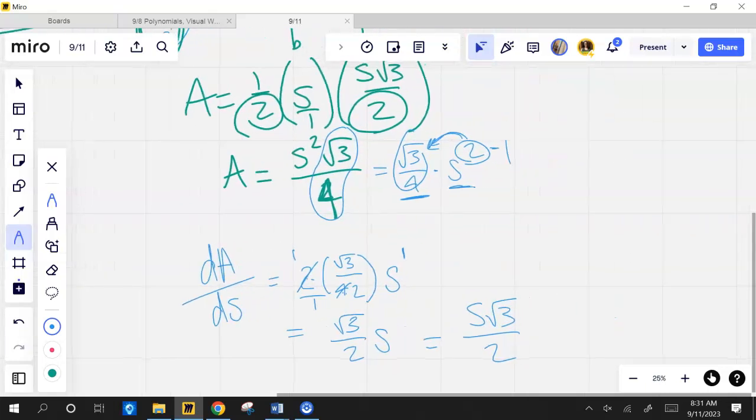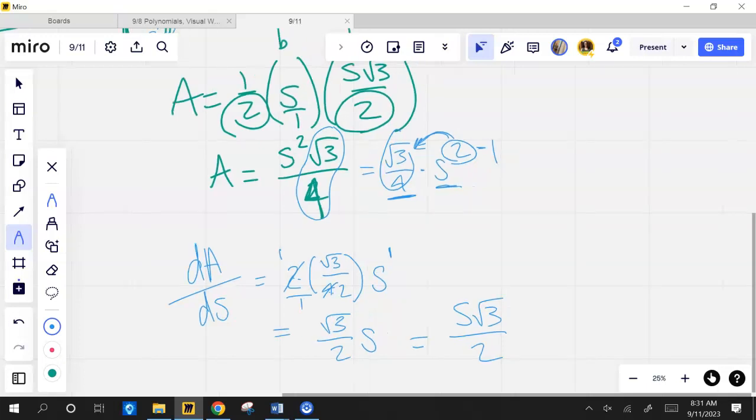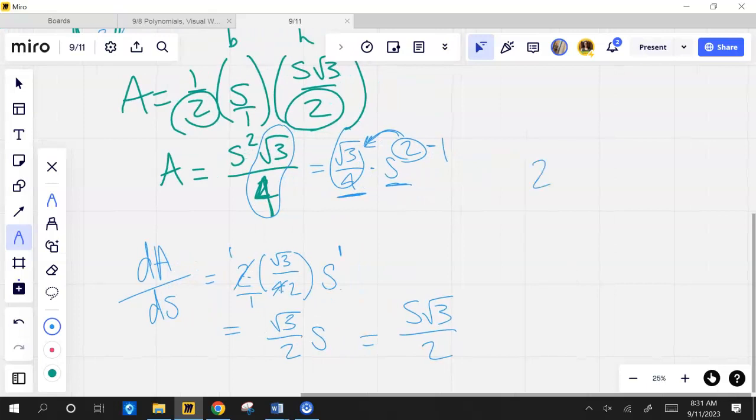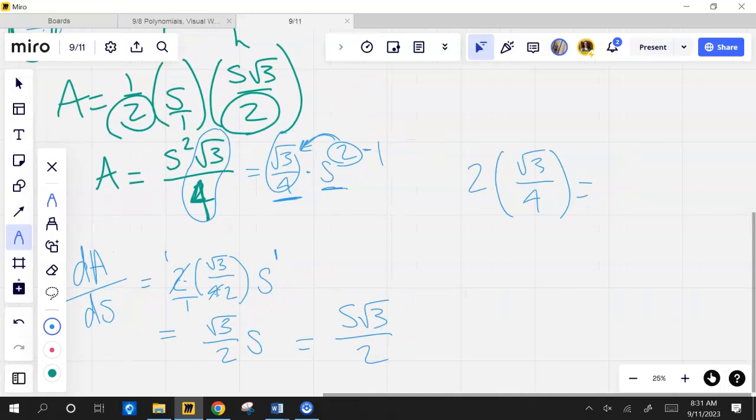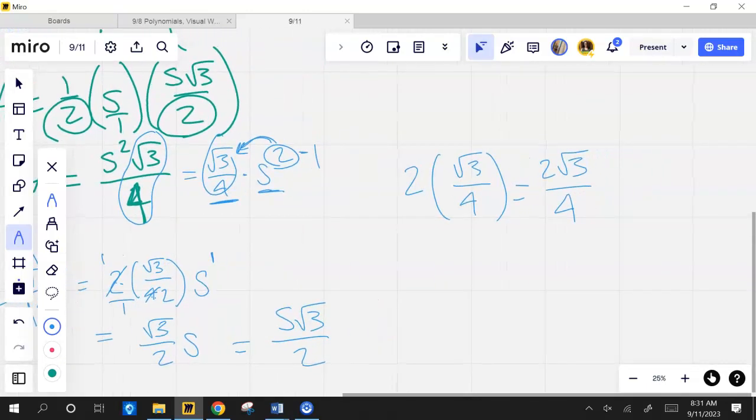So derivative of the first, well, derivative of a constant is 0. Two times square root of 3 over 4 would be 2 root 3 over 4. 2 divided by 4. I can divide them both by 2.